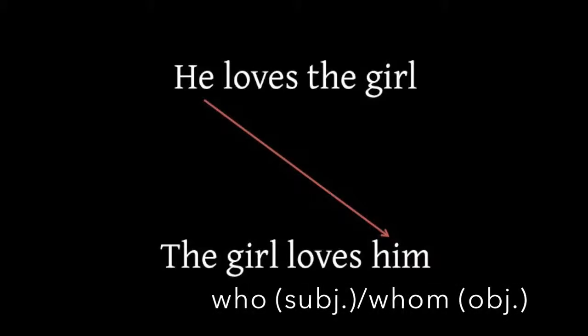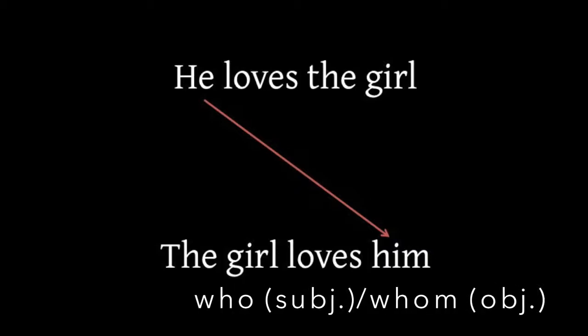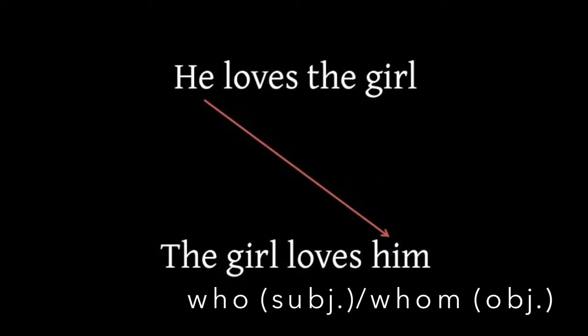It just depends on what the function is in the sentence. The word he is the subject of the verb loves, while him is the direct object of the verb loves. So in English, we also do the same thing. And this also explains that crazy ending, who and whom, that you probably have seen in your lifetime and maybe have failed to understand. But Latin will help you in that regard.